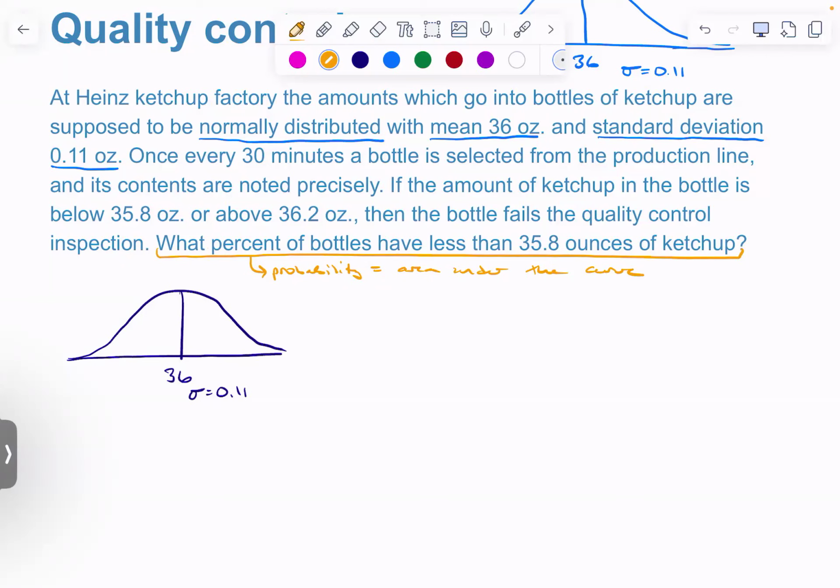So now we want to find the area under the curve that represents what we're looking for. As our cutoff, the observation that I'm interested in finding a probability associated with is my X, the observation of interest.